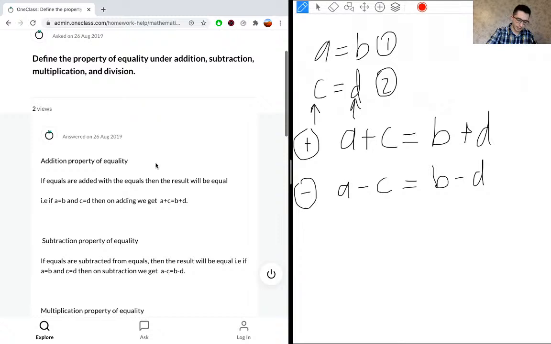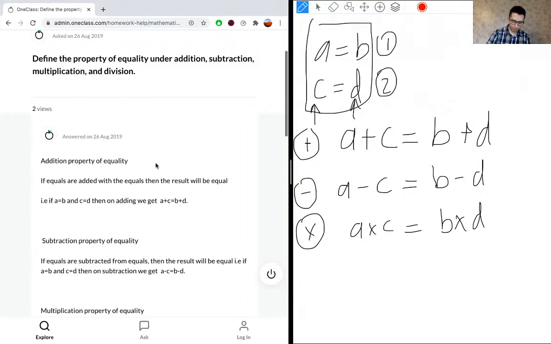And then for the next scenario, for multiplication, we would have A times C is equal to B times D. This is also pretty straightforward. The position of A and C doesn't matter, just make sure to keep A and C on the left side and B and D on the right side, as shown here.